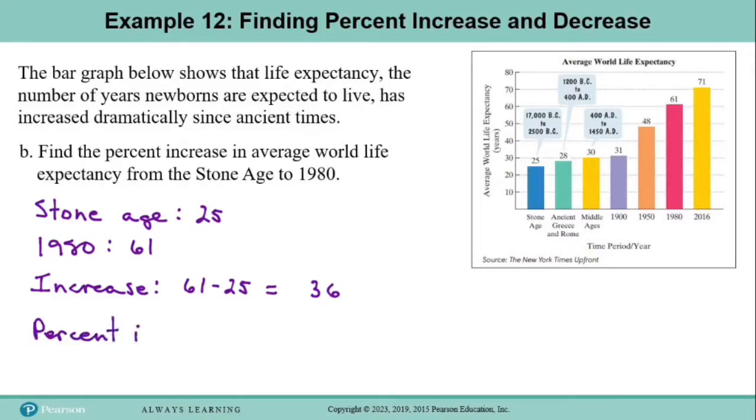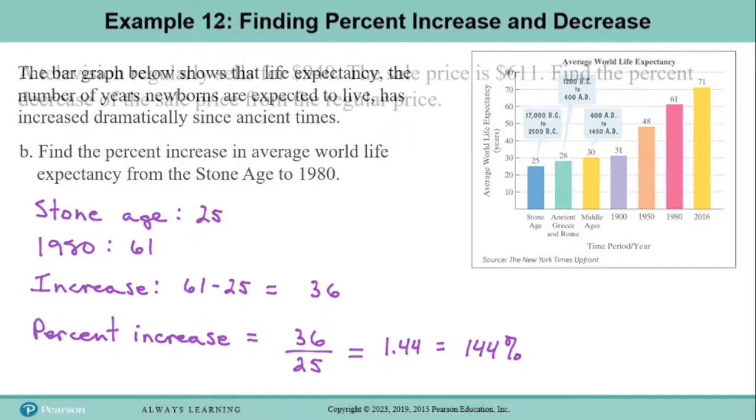And then the percent increase will be that 36 divided again by the original average life expectancy that we're comparing to, which is the 25, and that would be 1.44 in decimal form, or 144% in percent form.